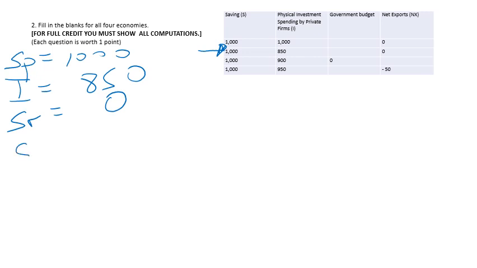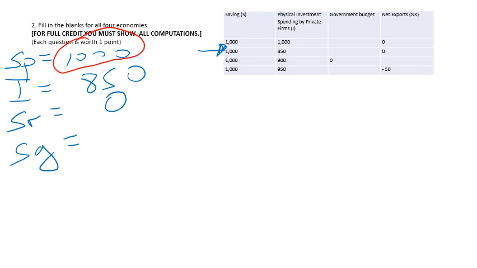So the question is, what is SG? Well, let's see. This sum of money here, 1,000, is a reference to private savings. It's the households. They have injected this money into this financial pool. So that's what's available to all of the other actors: the firms, the government, and the foreigners.